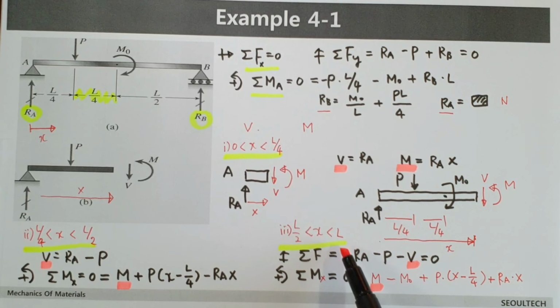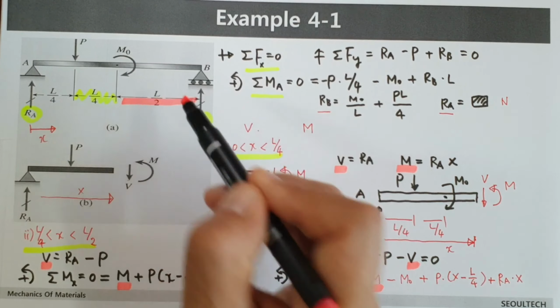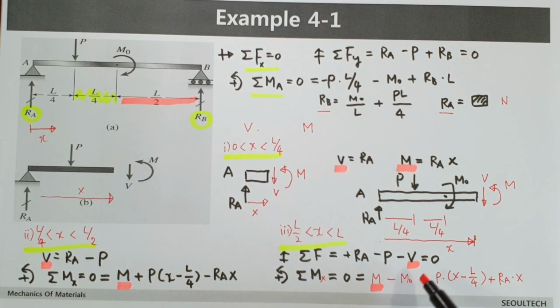And finally, if it is located in this range, then with force equilibrium and moment equilibrium, you can find shear force and bending moment for each case. Okay, that's it for finding shear force and bending moment.